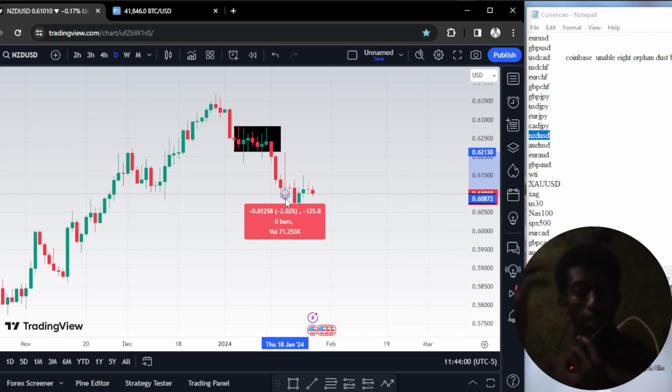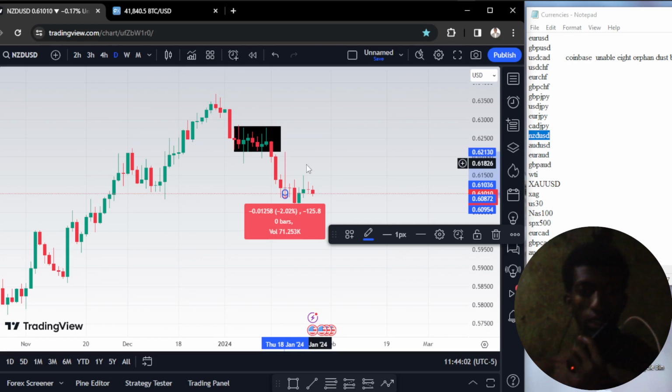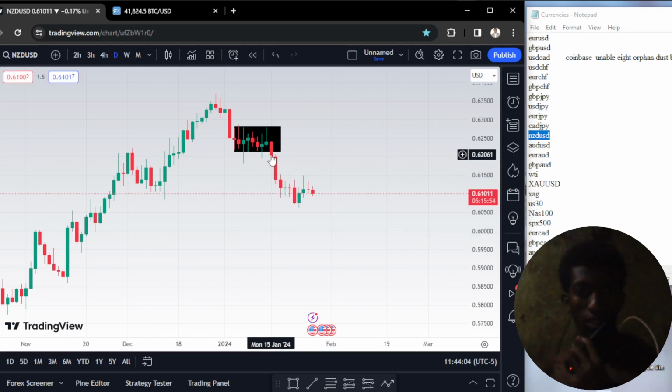So this is a 3-day trade, and when you divide 125 by 3, what do you get? It is around 42 pips. Each day has given you 42 pips. That is huge.